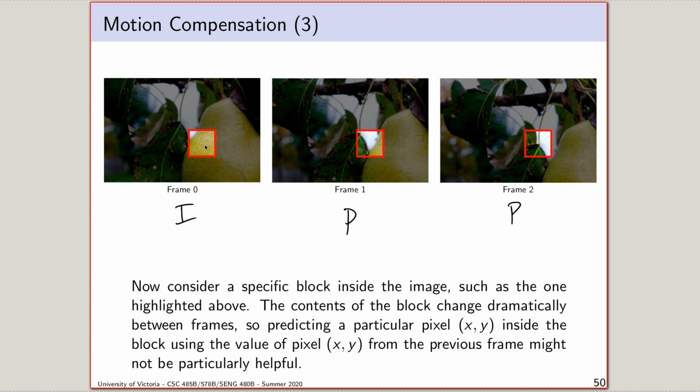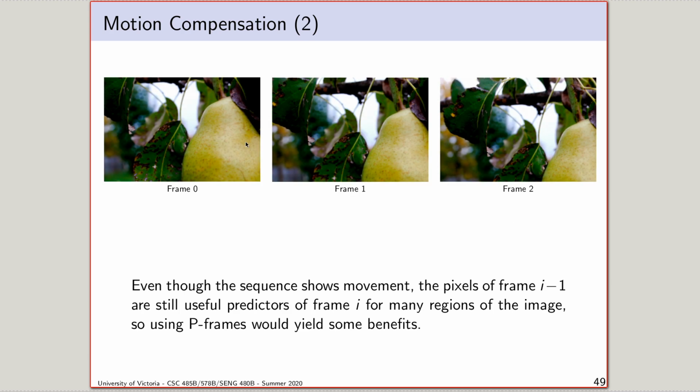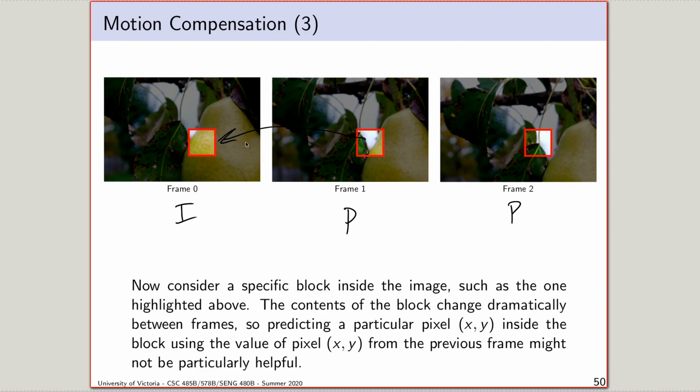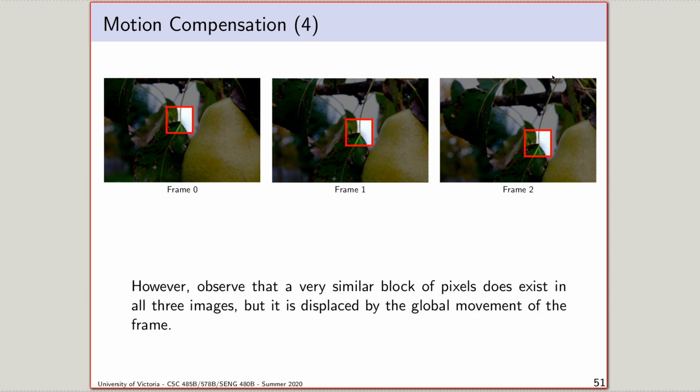So in this case, if I just take the difference straight up between equivalent pixels, they don't match up very well because the frame has changed. But it hasn't changed that much. So much information is in all 3 of these frames. The same information, just displaced a little bit. So for example, if I want to consider this situation here in frame number 2, I could observe that the block in frame number 2 does exist in frame number 1, just not the same place.